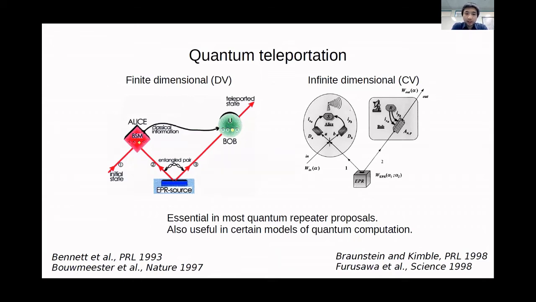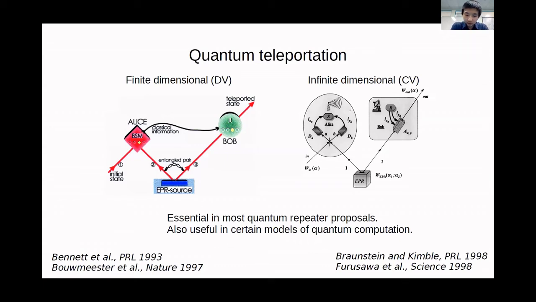We take one part of this entangled state, interact it with an input state, perform so-called joint measurements on these two systems, and the outcomes we feed forward to the other half of the entangled state. And by some simple unitary transformations, we can reconstruct the input state at the other side.